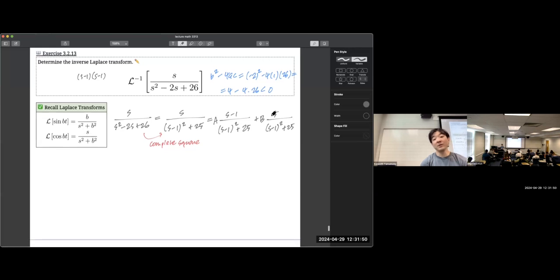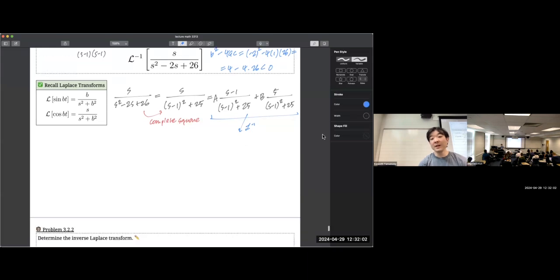Suppose we find what those A and B are. Then the inverse Laplace transform of this, because all I did is rewrite it into these pieces, would be really easy. It would just be A times the inverse Laplace transform of s minus 1 over s minus 1 squared plus 25.